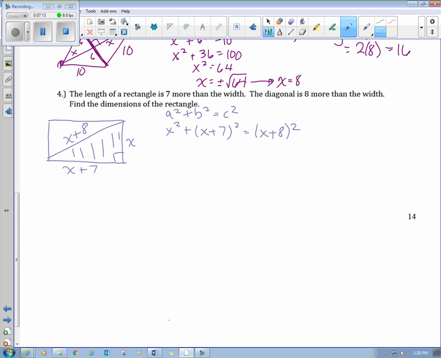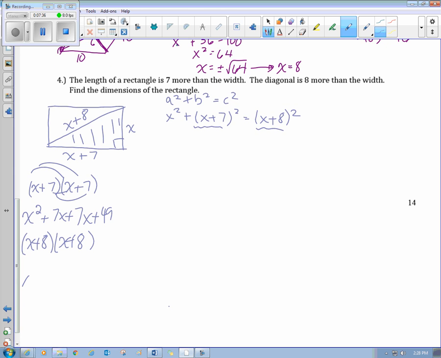And when we get to this point, please remember that right here and right here, you need to FOIL. If by chance you need to go on the side and write down x plus 7 times x plus 7 and do your loops and FOIL that out, by all means feel free. And then you could do the same thing with the x plus 8 if you want.